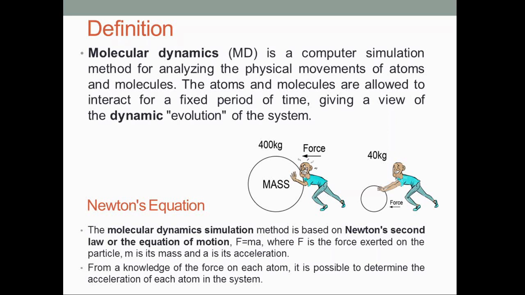This is all what you can analyze by performing simulations, which is what we call molecular dynamic simulations. The atoms and the molecules interact for a fixed period of time. This fixed period of time can be for particular nanoseconds, or it can be for a particular seconds. And this evolution, what we see, is called a dynamic evolution. When I'm saying the movement, I mean how these atoms or molecules move when they interact with the different liquid molecules, or with the lipid bilayer molecules as they pass through the cell membrane.